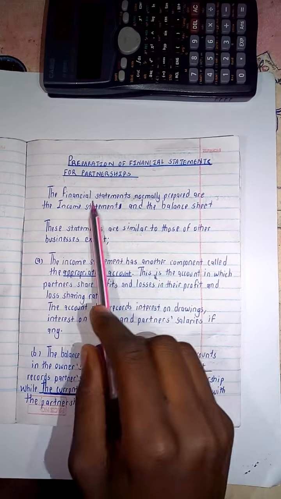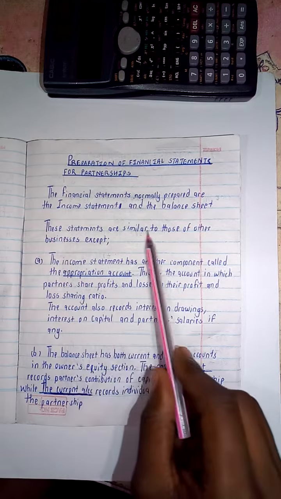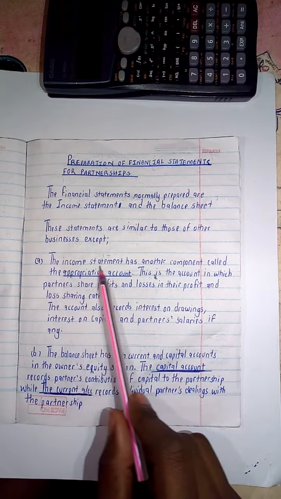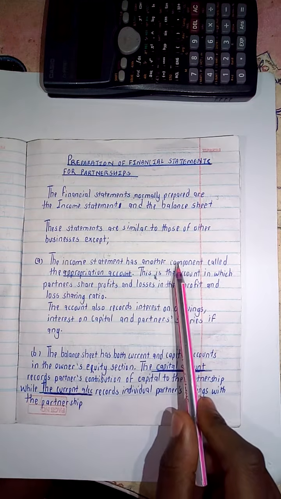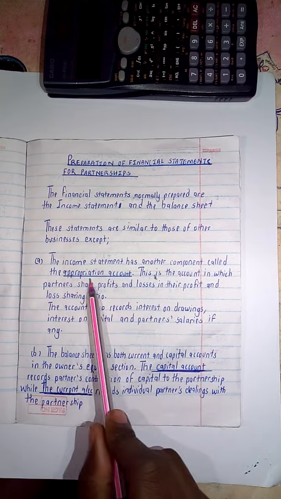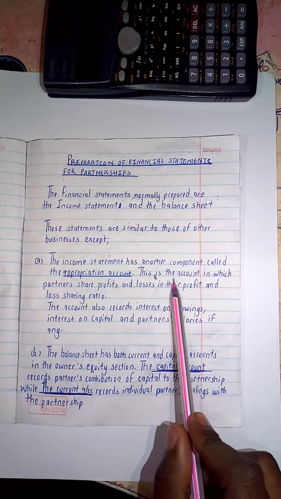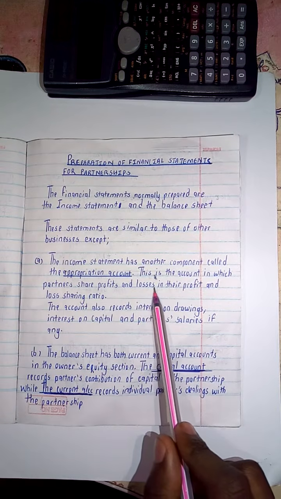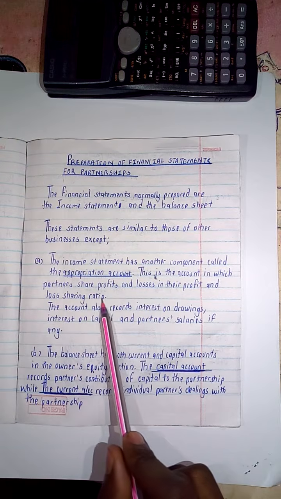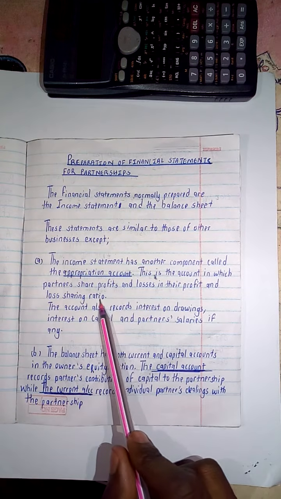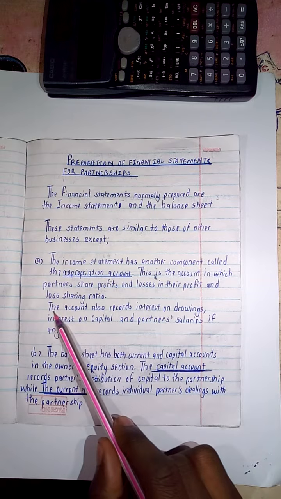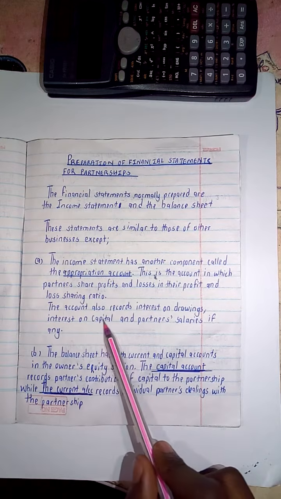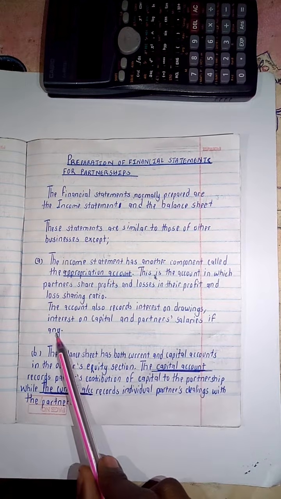Now, these statements are similar to those of other businesses, except that the income statement has another component called the appropriation account, in which partners share profits and losses in their profit and loss sharing ratios. The ratios will always be given in the question. The account also records interest on drawings, interest on capital, and partners' salaries, if any.